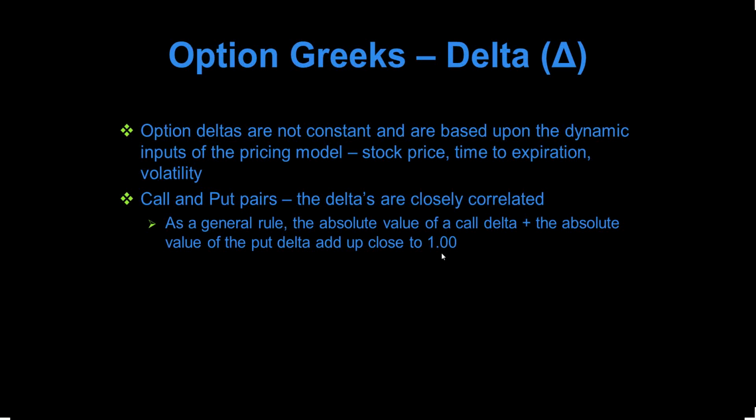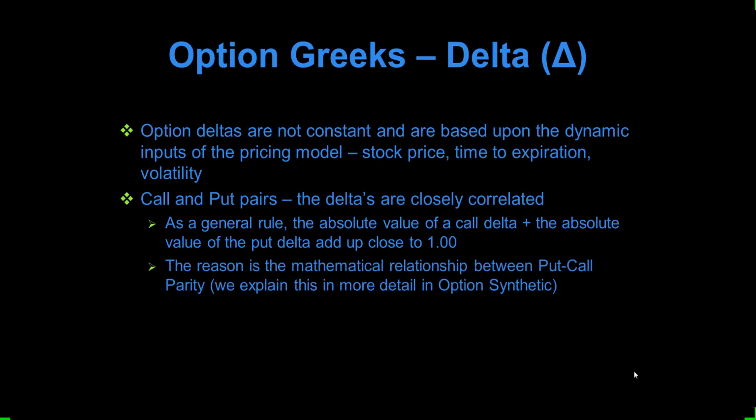It will vary sometimes anywhere from 97 to 98 to 101 or 102, but that's due to some correlation to if you're really deeply in the money. But otherwise, it's just called a put-call pair, and I'll show you how that goes into the synthetics when we cover that. This is the mathematical relationship because puts and calls have a very strong mathematical relationship to each other.